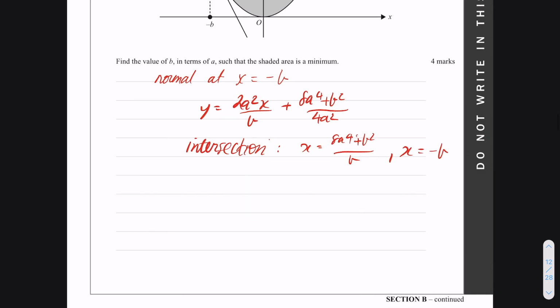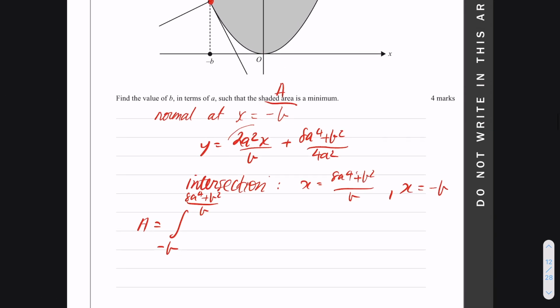So our area is the integral from -b to that massive thing of the top function, which was this.